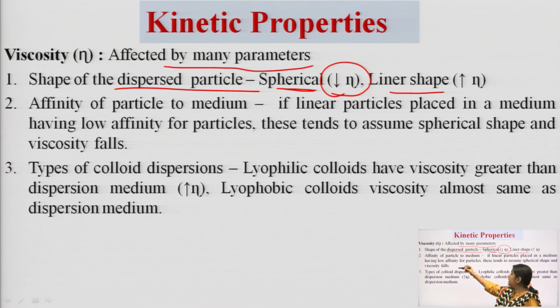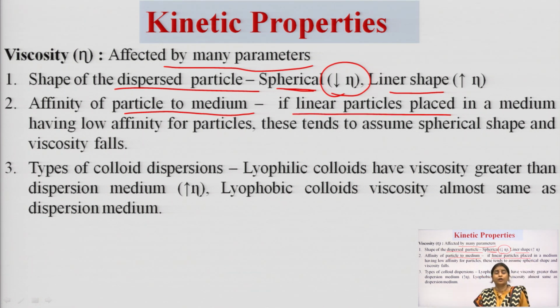Then comes the affinity of the particles to the medium. If the linear particles which are placed in a medium have a low affinity, then they will assume a spherical shape.